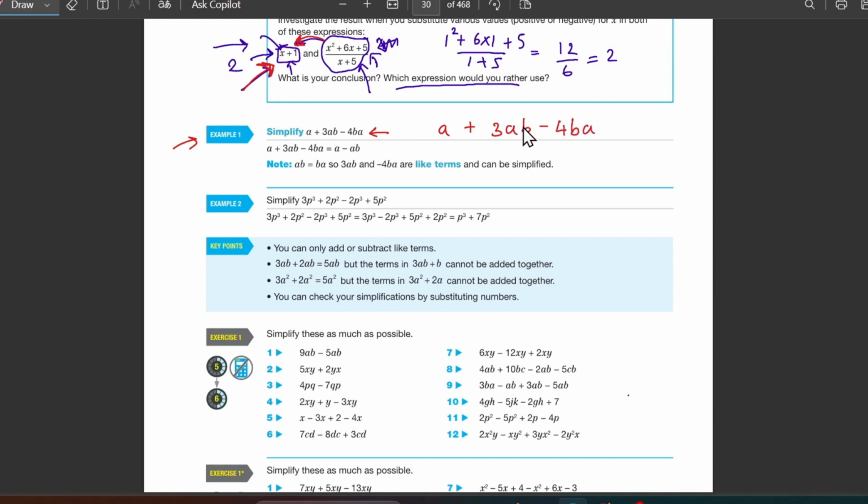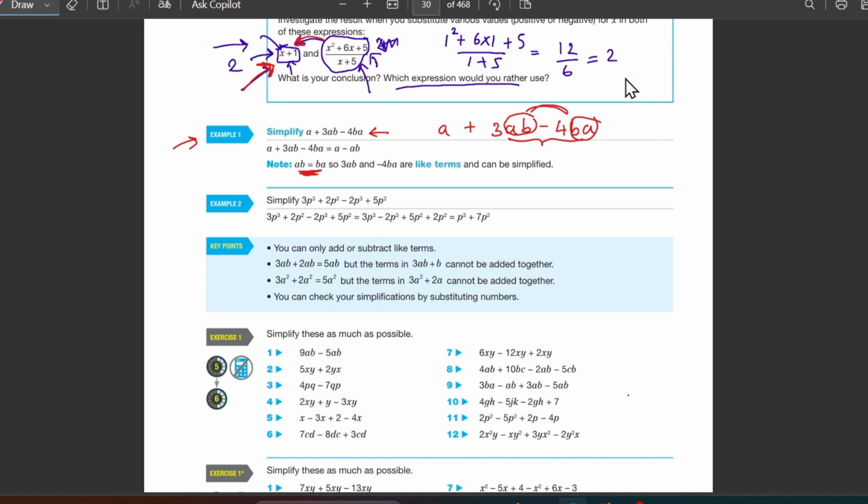So this is AB, this is BA, same thing. AB equals BA. Whether it's AB or BA, it doesn't matter. So these are like terms, so we can simplify these two now.